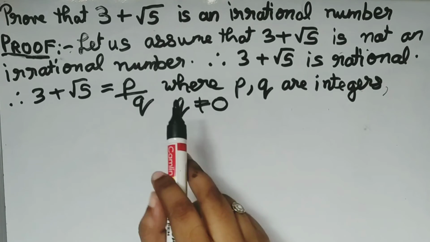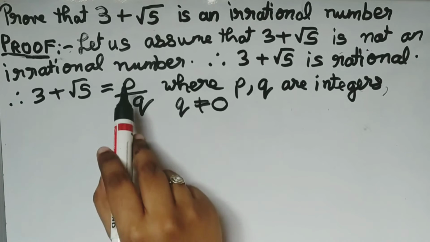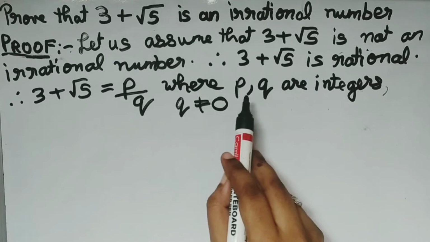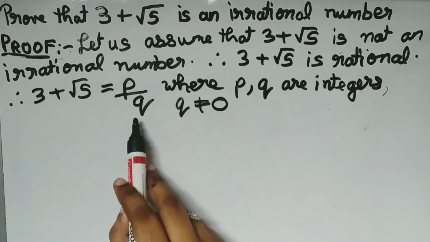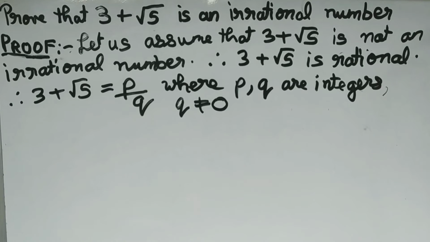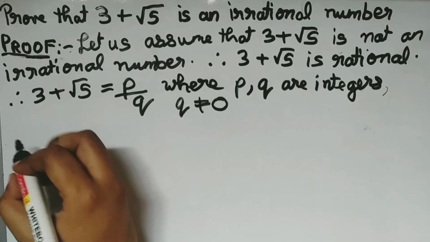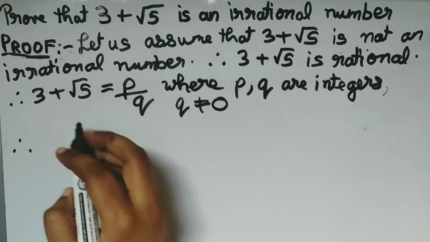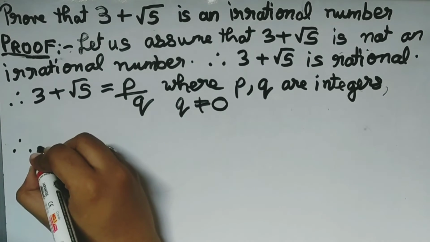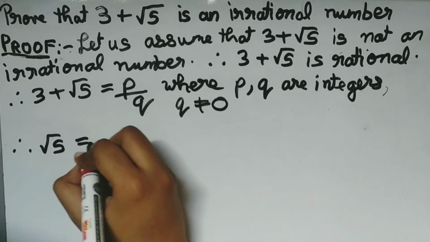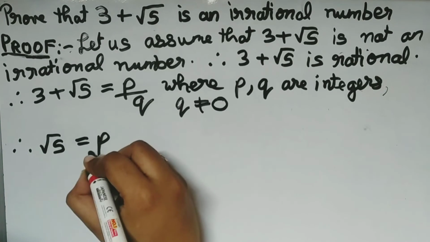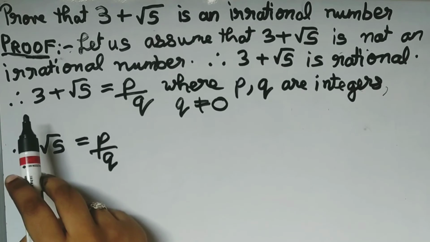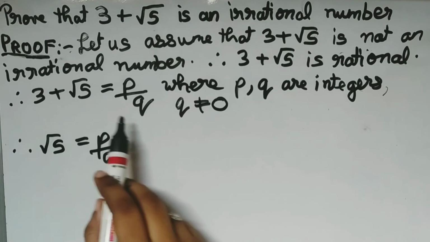Any rational number we can write in the form of P by Q, where P and Q are integers and the denominator Q is not equal to 0. Now we will solve this. Therefore, this 3 we will take to the other side of the equal sign. So, root 5 equals P upon Q minus 3. When we take 3 to the other side, it becomes minus 3.